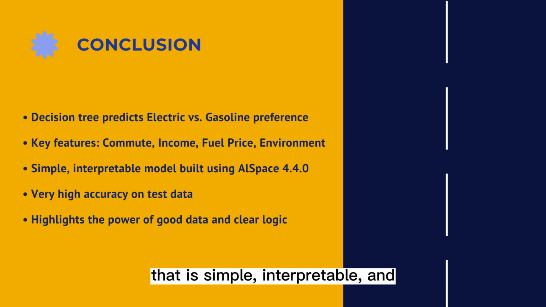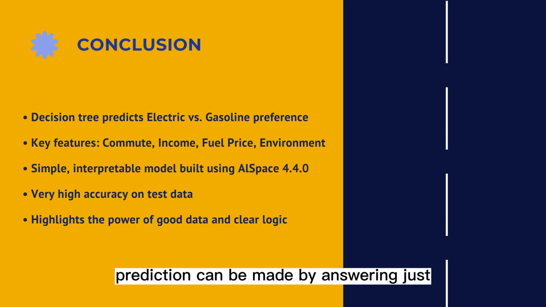We created a tree that is simple, interpretable, and easy to follow. The structure of the tree is not overly complex, which makes it ideal for clear decision making. Its prediction can be made by answering just a few logical yes/no questions.